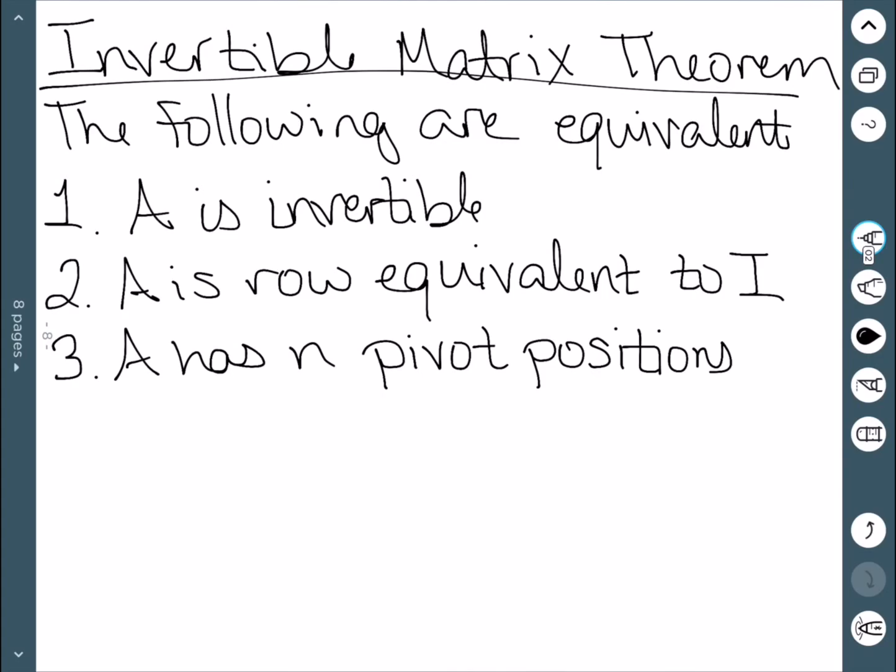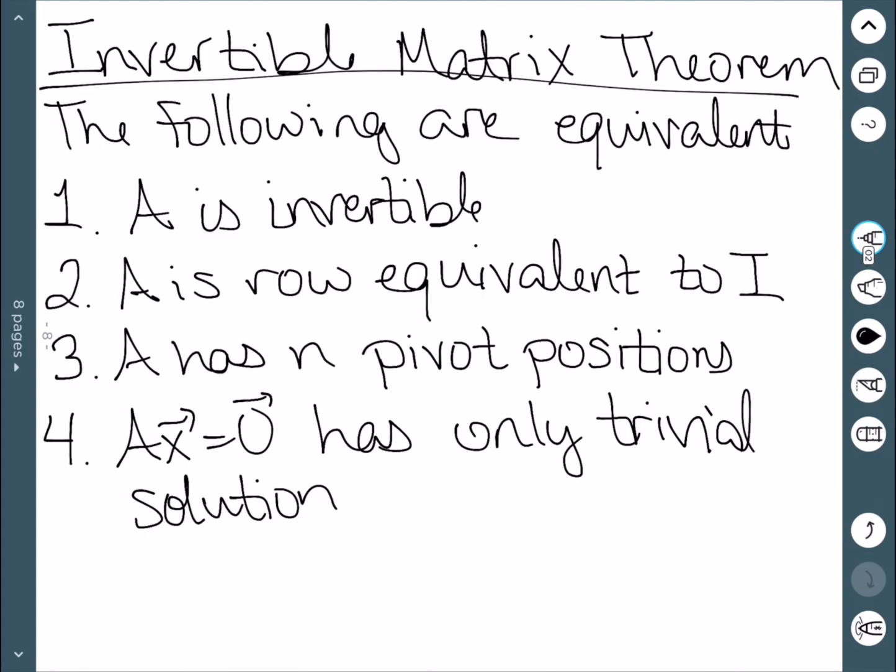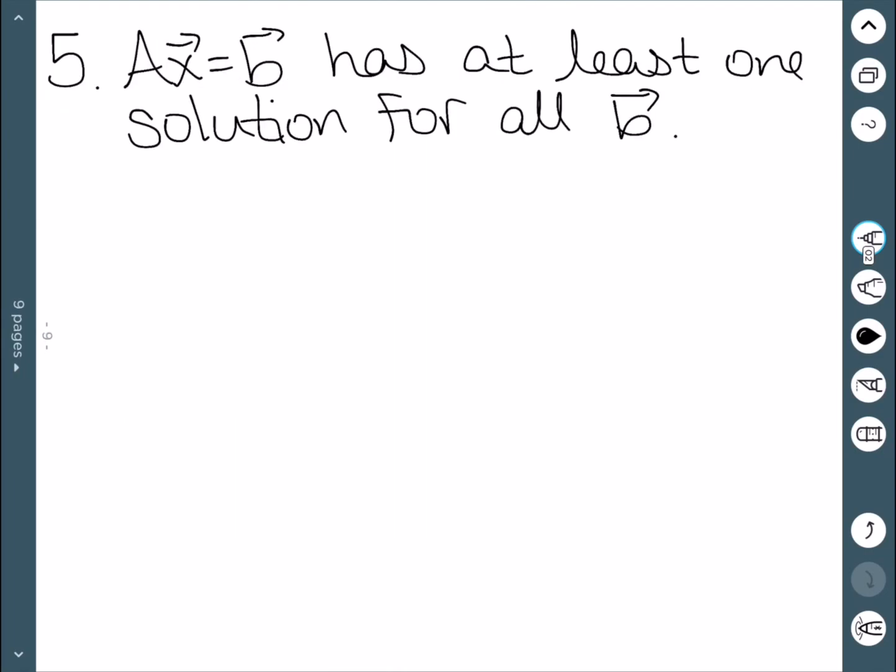Next, we say that A has n pivot positions, where n is the size of A. A should be an n by n matrix. The fourth one, the system AX equal to 0 has only the trivial solution. Part 5, the system AX equal to B has at least one solution no matter what vector I pick for B. So this will always have at least one solution.